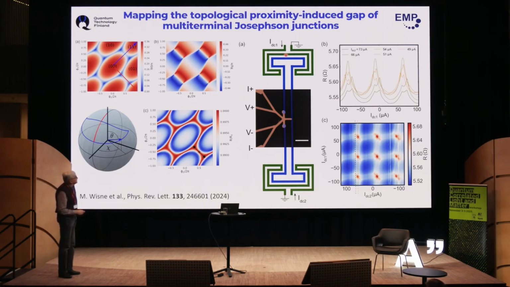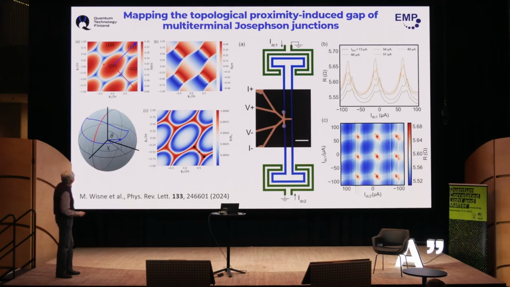So this is a system where we are studying the gap topology in this kind of multi-terminal normal system. We have superconducting loops by which one can apply phase bias on this multi-terminal device, and you can map the gap structure as a function of these bias phases, phi 1, phi 2, and here you have the topological numbers for the different states that you have in the system.